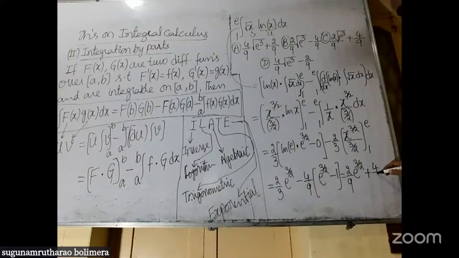That is the answer: 2 by 9 e power 3 by 2 plus 4 by 9.